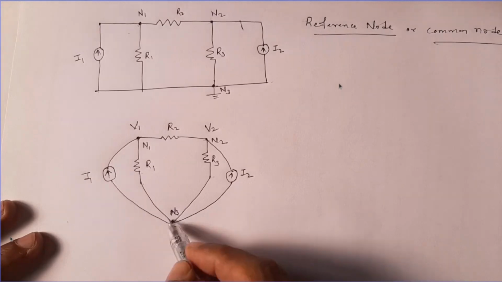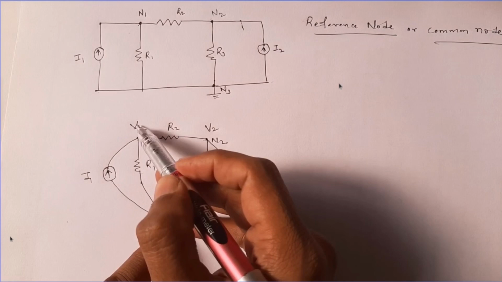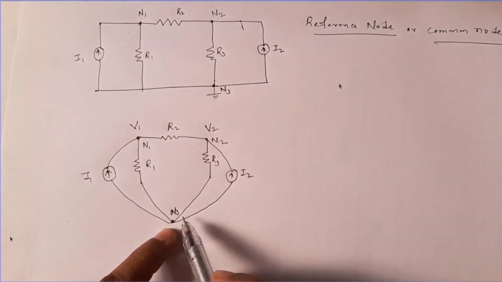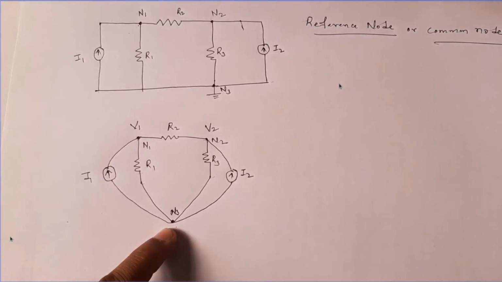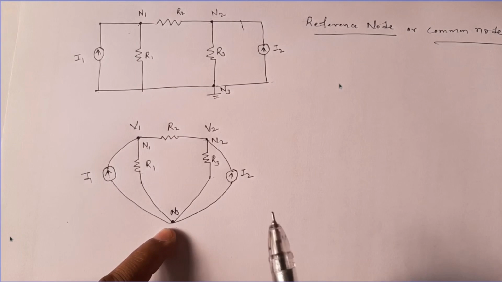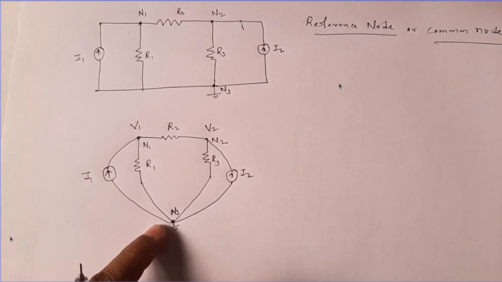The meaning of V1 is the voltage between N1 and N3, and V2 is the voltage between N2 and N3, node voltages. Because of that, the voltage at the common node or reference node will be taken as 0, right?